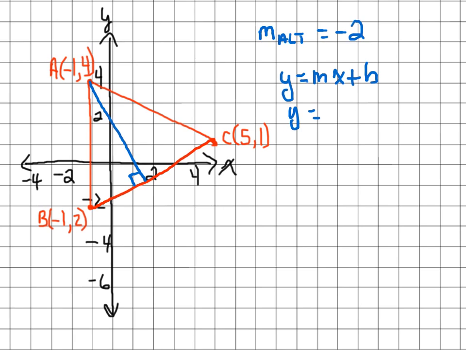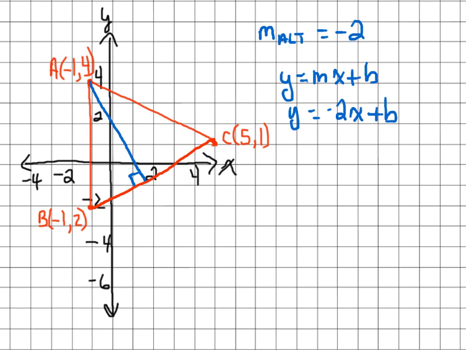So I know my slope is -2, and now I want to determine my y-intercept algebraically. Since the altitude goes through the point (-1, 4), I'm going to substitute -1, 4 into x and y of my equation to solve for the y-intercept.